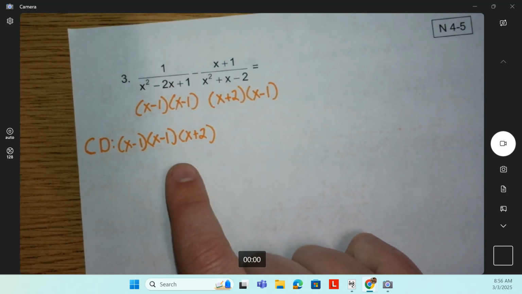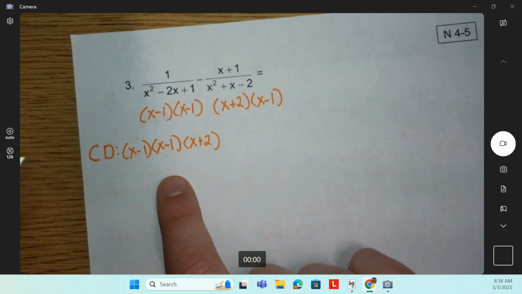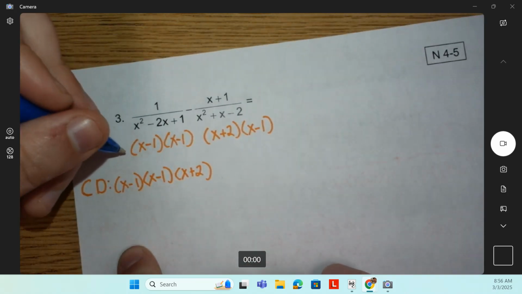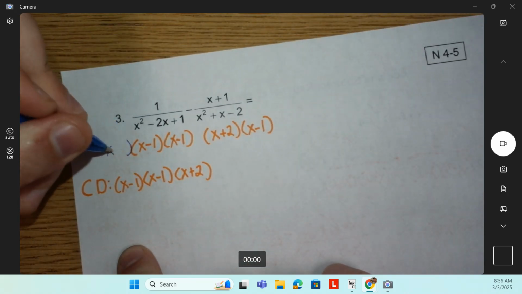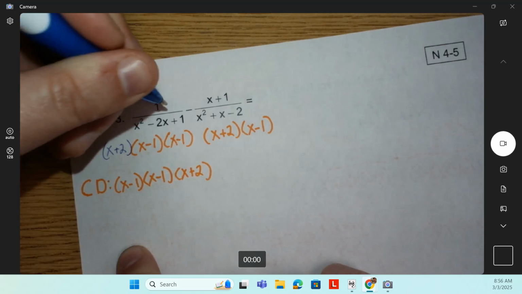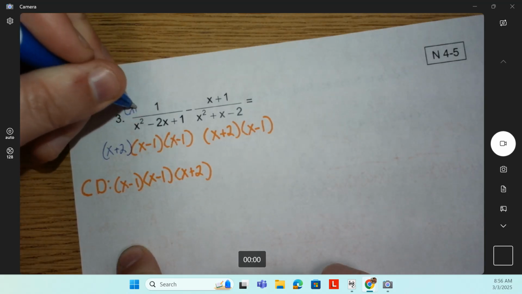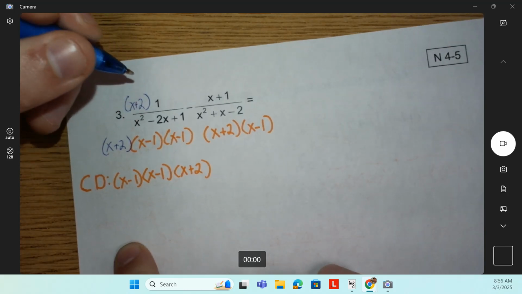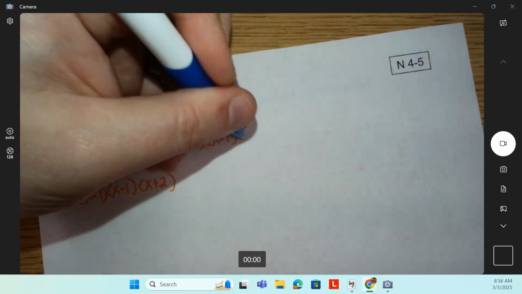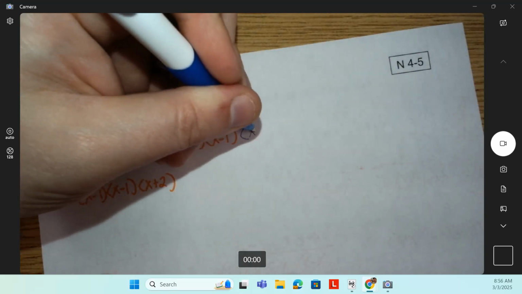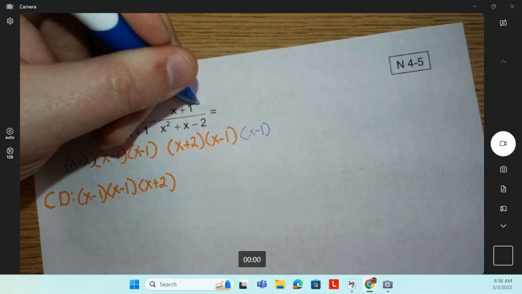So I've got my common denominator. Now I need to multiply in whatever's missing. So here I'm missing an x plus 2. It's multiplied by the top and bottom. And then this is going to be multiplied by x minus 1.